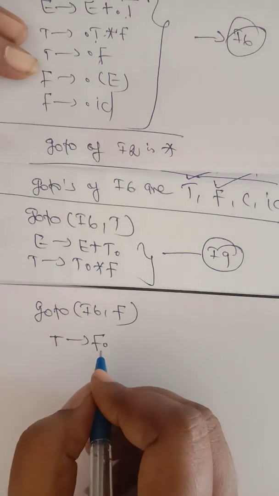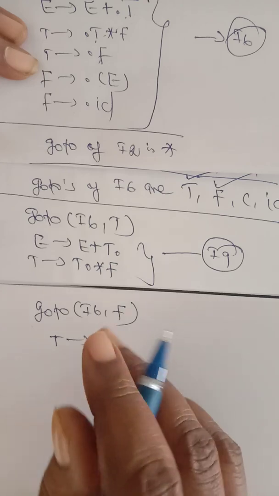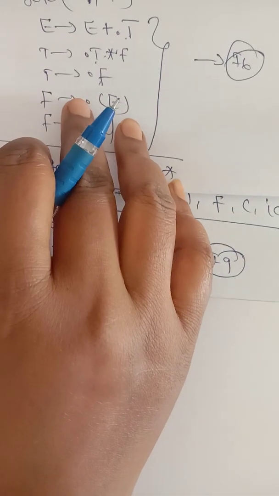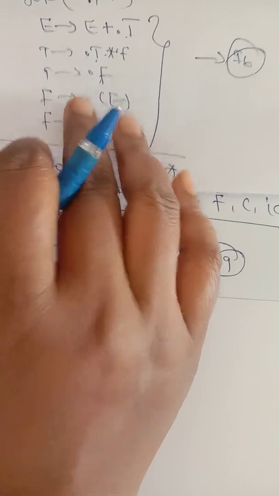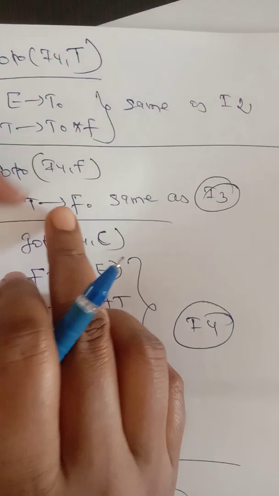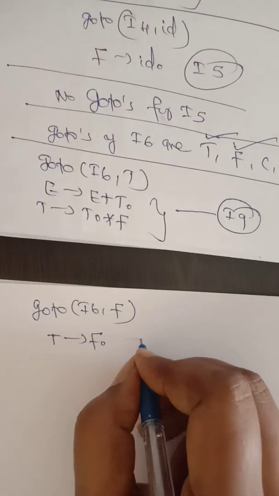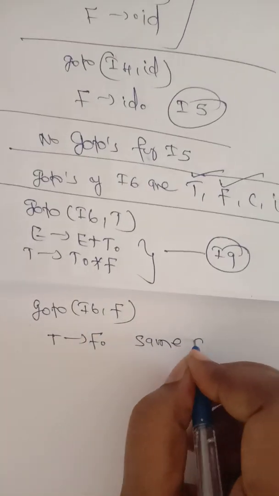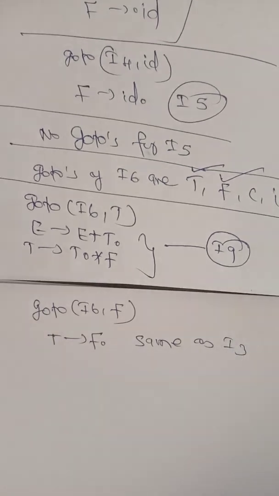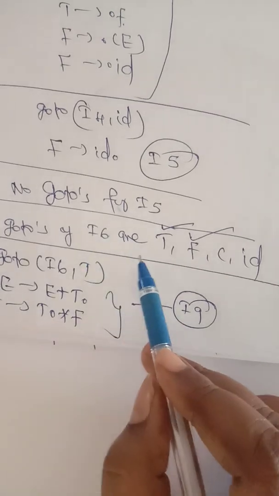Then compare the production with the available sets. It is matched with I3, which is T goes to F dot. So it is the same as I3. That's all for I6 comma F.